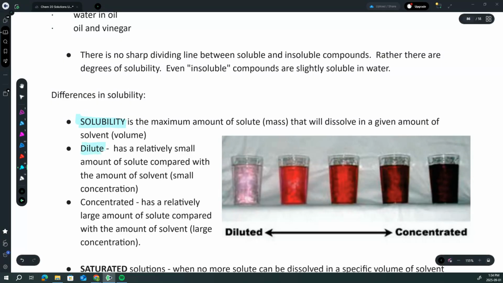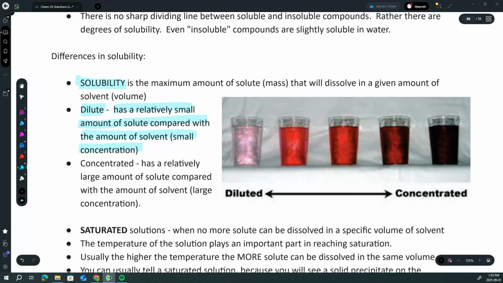Now, a dilute solution is going to have a small amount of solute compared to the solvent. So your concentration of your solute is going to be very small. Whereas if you have a concentrated solution, you're going to have a large amount of solute compared to the solvent, so it's going to have a very high concentration.